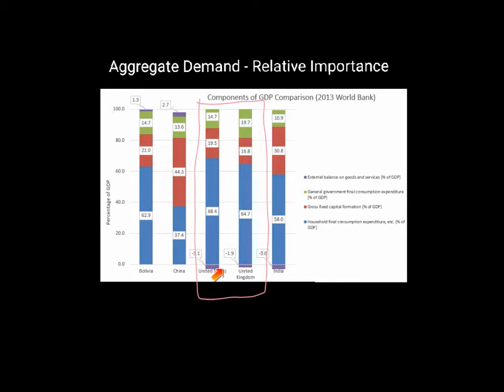Now, down at the bottom here, you can see that there are negative little purple bars. And what that means is that both the United States and the United Kingdom run a deficit on the external balance of goods and services. What that means is we import more than we export. So there is a general flow of demand, I suppose, out of those economies because the people within those economies are demanding things from outside.